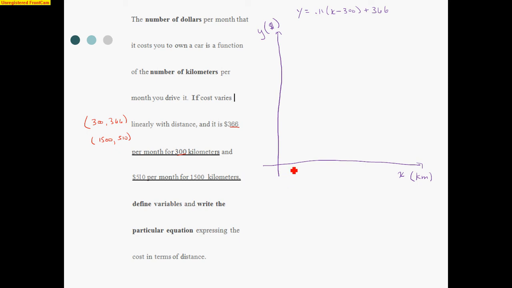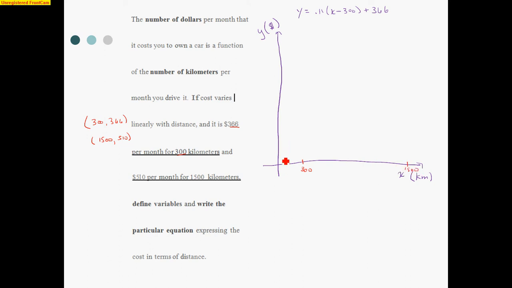So this scale, right? I need to go from 300 to 1500. Let's pretend this is about 300 here. So 300, 600, 900, 1200, and 1500.